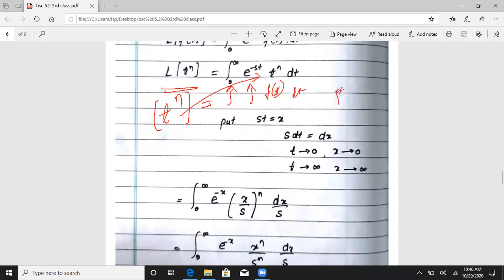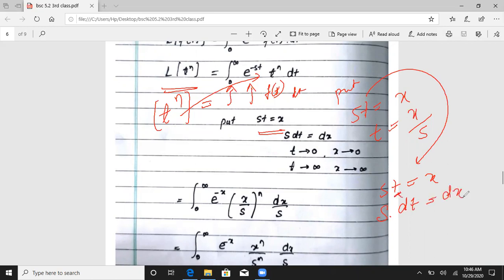I change some values: instead of writing st, I write x, and instead of t, I write x by s. Here st is equal to x, and differentiating, s into dt is equal to dx. It is just dt is equal to dx by s.